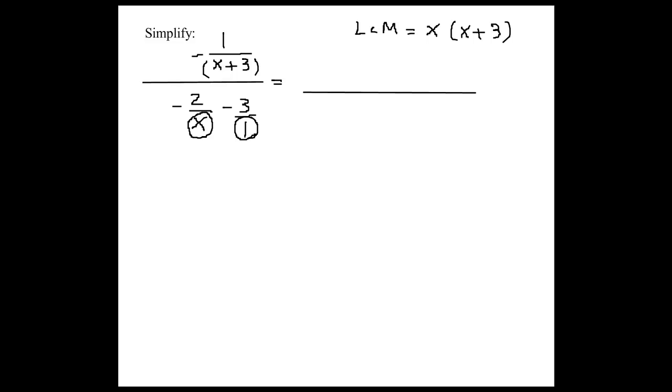So we have 3 terms here. The first one is 1 over x plus 3 minus 1 over x plus 3. You multiply this by LCM, which is 3 times x plus 3 over 1. And then we do the same thing with the other 2 terms.